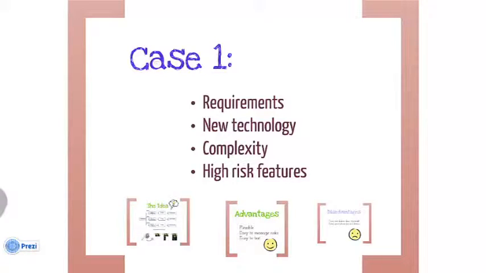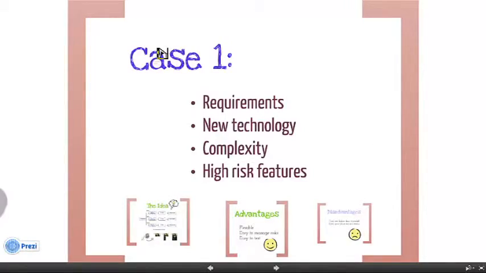Less complexity, and also there are some high risk features and goals, and there is a need to get the product to the market early. So I will introduce you a model that can be applied for this scenario.